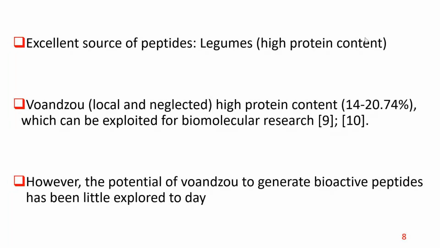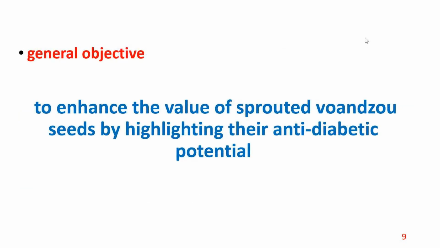Legumes are considered an excellent source of peptides due to their high protein content. Among them, Vuanzu, a local and neglected legume with high protein content, can be exploited for bioactive molecule research. However, the potential of this legume to generate bioactive peptides has been little explored today. So the objective of this study was to enhance the value of sprouted Vuanzu seeds by highlighting their anti-diabetic potential.